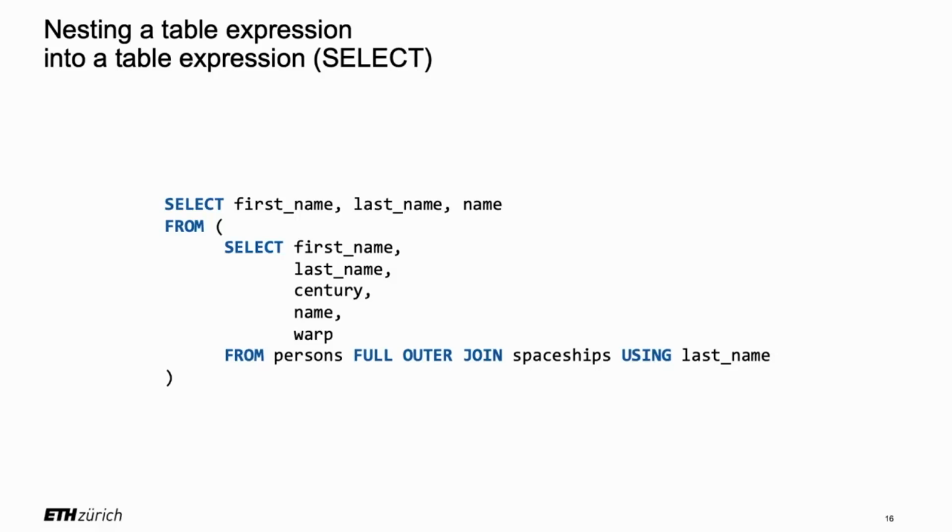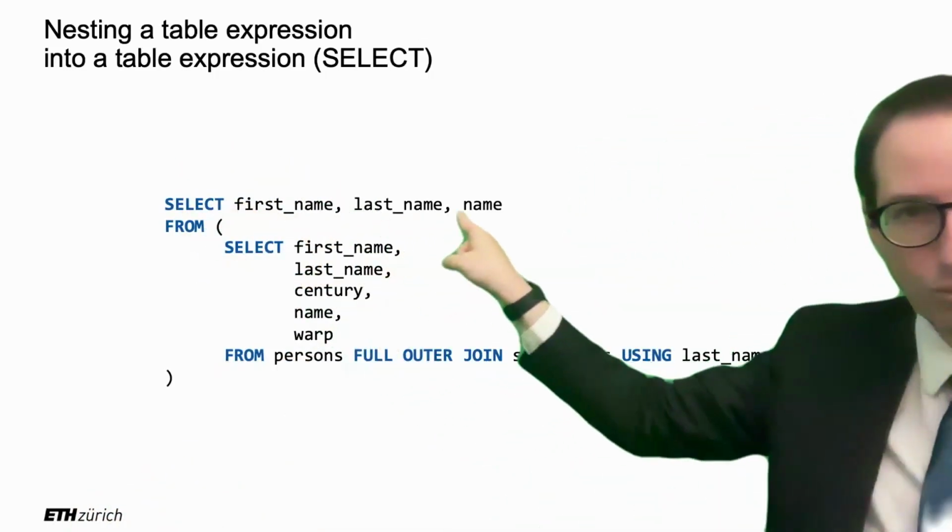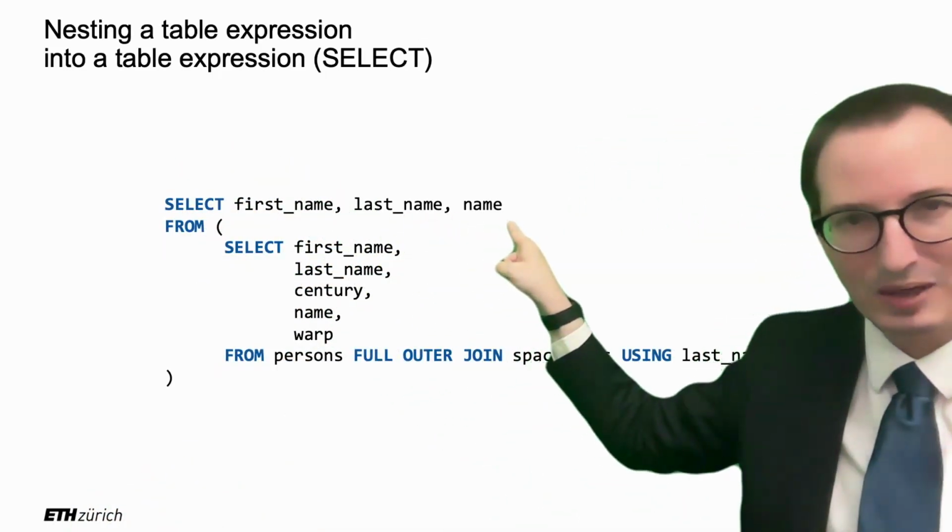Okay. Another way to nest, that would be a table inside a table. You basically do select from, and inside the from, where normally you would put a table name, well, instead of that, you can just nest yet another select from where, right? So the inner one is going to return 5 columns taken from a join, and the outer query is a projection. So this returns a table with 5 columns, and this one projects to these 3 columns right there, okay?